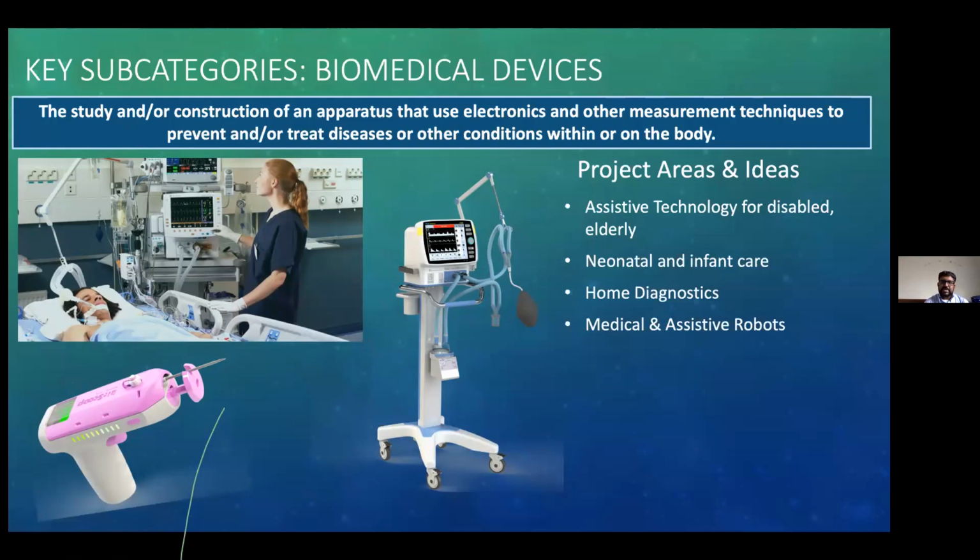All of those can be simple things that you can work on, or if you are able to find a lab or a biomedical expert to work with, you can work on more difficult problems like diagnosing different types of diseases, right? So these are all examples of biomedical devices. Again, the list is very long. I cannot go through all of them, but just to give you a flavor for what is possible here.